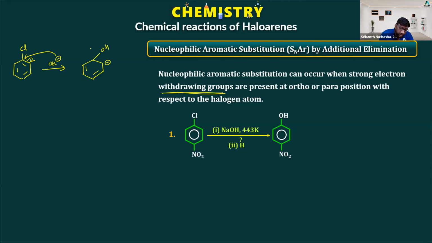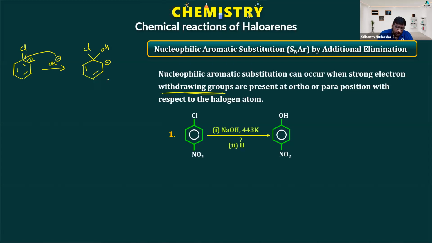OH will be placed here and Cl will be as it is. Although the electronegativity difference is less, still this carbon is electrophilic because it is connected to the halogen atom. OH is going to attack this electrophilic carbon. This is going to be the rate determining step because it is the slower step. Why is it slow? Because the nucleophile experiences repulsions.